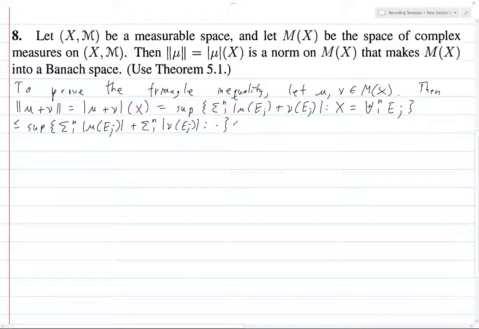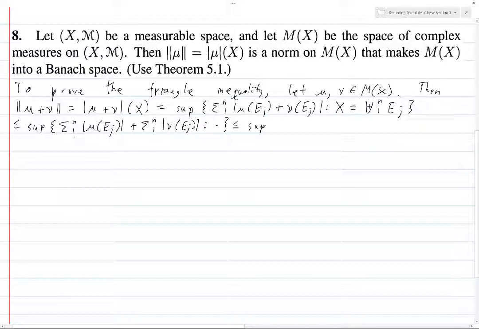So then what can we do here? This is less than or equal to, well, this supremum is taken over all sums of this form. So you've got this part and this part here are fixed. And you could improve the supremum by taking the supremum separately.